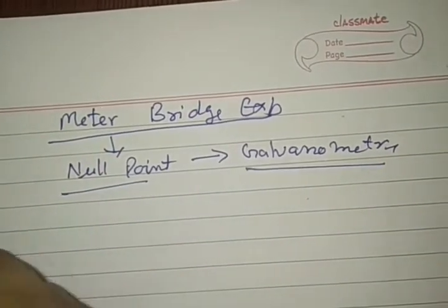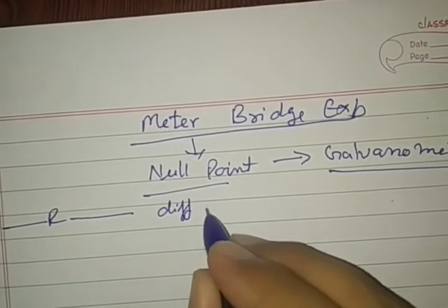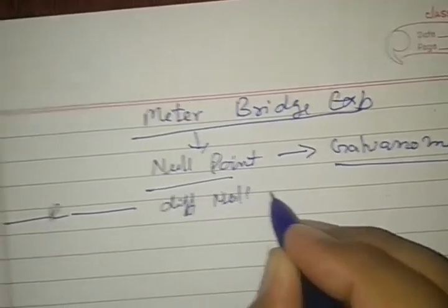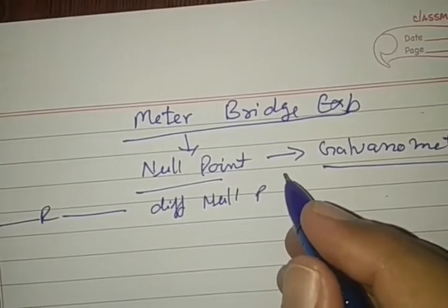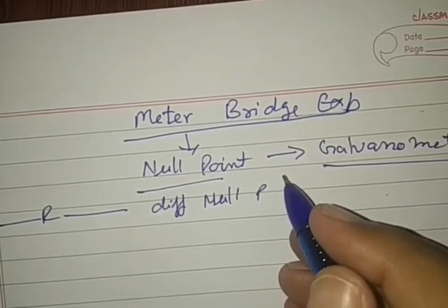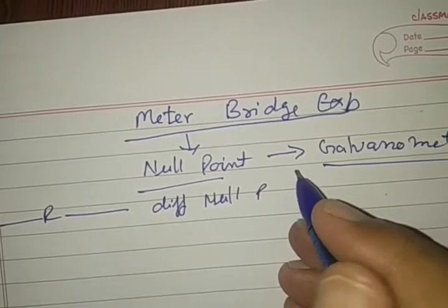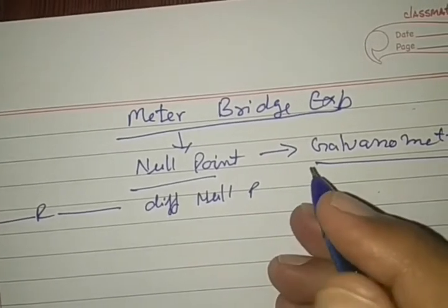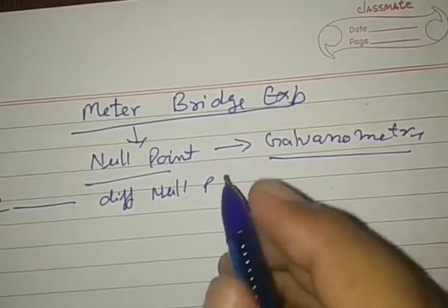For a given resistance, we get different null points. Suppose at first we get 35, just after some time we get the null point at 36, in the next observation 34, in another observation maybe 34.3, so different null points.